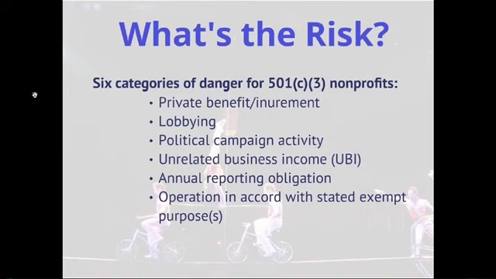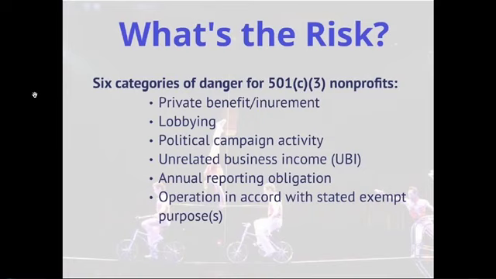So there are 2 ways to manage the risk of crossing the line. The first is to have the nonprofit's lobbying activities measured by what's called the expenditure test to determine whether or not those activities are substantial. This is sometimes called the 501(h) election. When your nonprofit makes this election, you agree not to spend more than a certain percentage of your total expenses on lobbying.